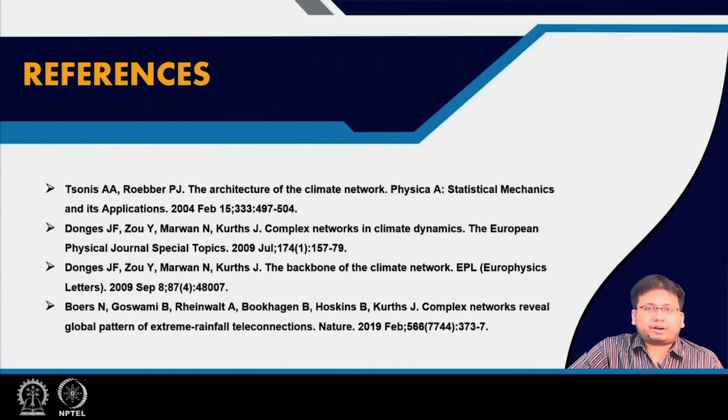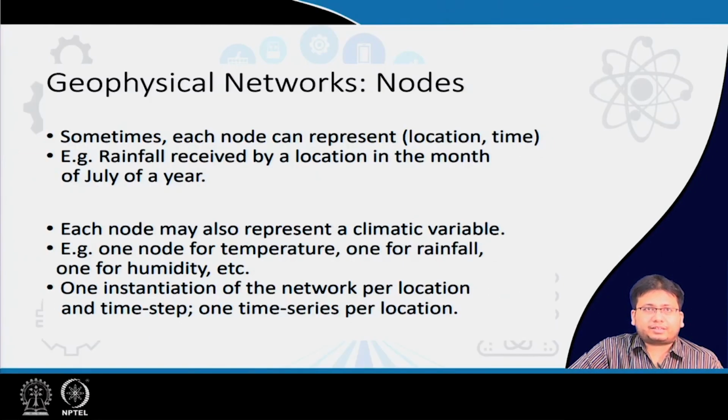There are of course many other examples in which geophysical networks can be defined, and the nodes need not correspond to locations as we have been saying so far, but can mean something else. For example, a node may represent a climatic variable, say one node for temperature, another node for rainfall, one for humidity, and so on.